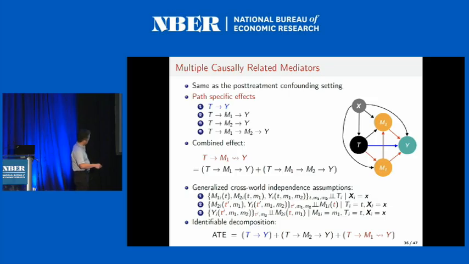But what's important is that once we do this, we can put it into three pieces: the direct effect, this combined effect, and then the T to M2 to Y. Under the generalized cross-world independence assumption, we can estimate the effect going through just M2, not the one that goes through M1, M2, Y. So that's how people try to get around this post-treatment confounding problem in the standard mediation framework.